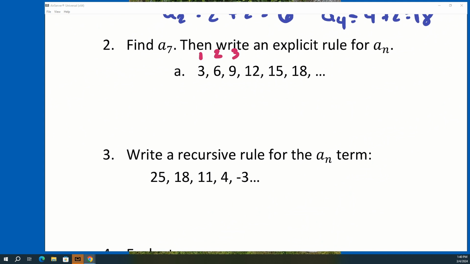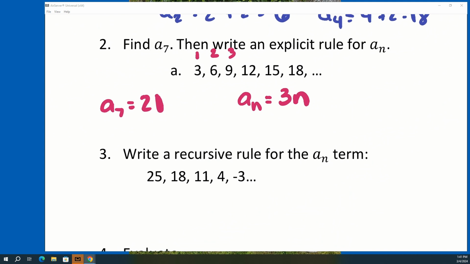So what am I doing to those numbers? Not adding 3. Multiplying by 3. So when I plug in 7, what should I get? So then my rule is just 3n. 3 times whatever term number it is gives you the term.